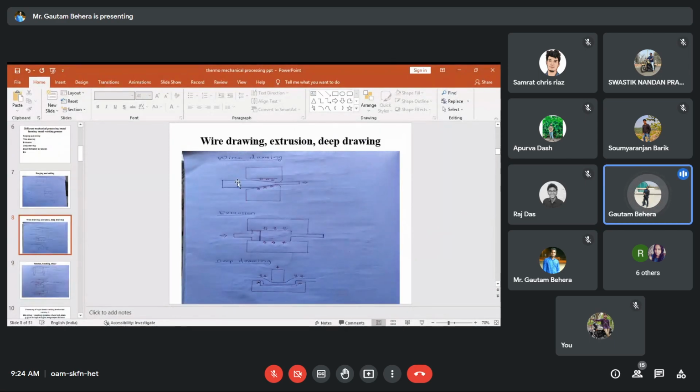Okay, then wire drawing, extrusion, and deep drawing. You can see this is the image showing you. The first image is the wire drawing, right? This is your die, and this is your workpiece. You can see we are applying a tension here. So this bigger thickness cylindrical specimen will come out as a smaller thickness, or smaller diameter, right?